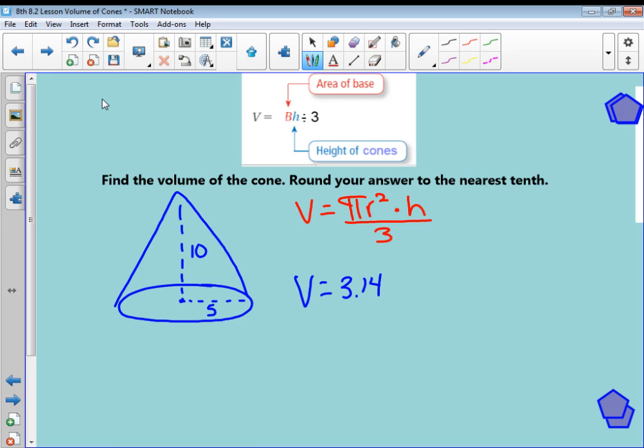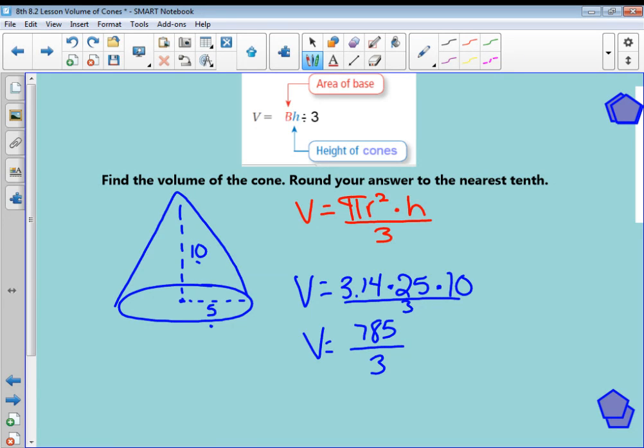Let's see, and then we're going to go times our radius, which is 5. So 5 squared is 25, times our height of 10. Okay, so 3.14 times 25 times 10 is 250. Gives me 785. And then I have to remember this is a cone. So I forgot to write that up there. So I need to divide by 3.